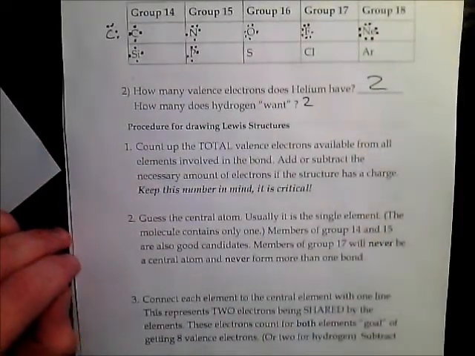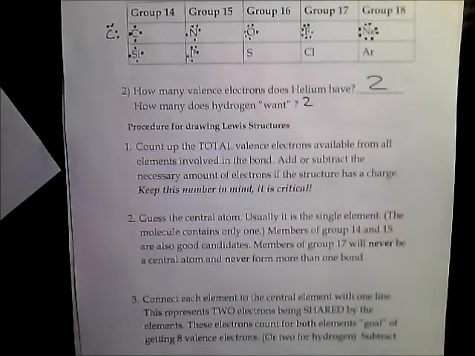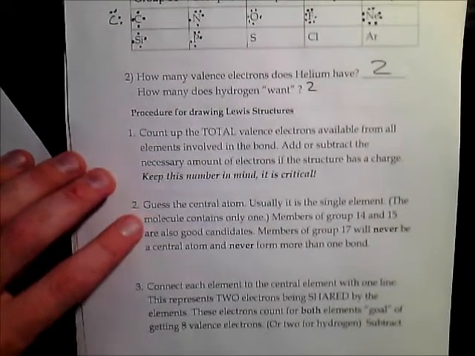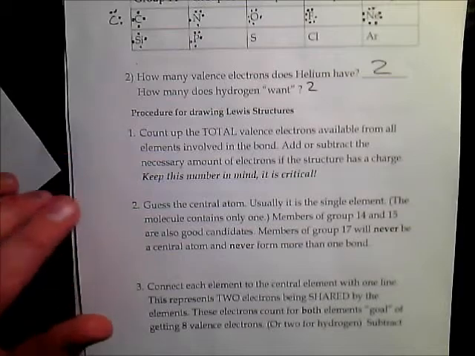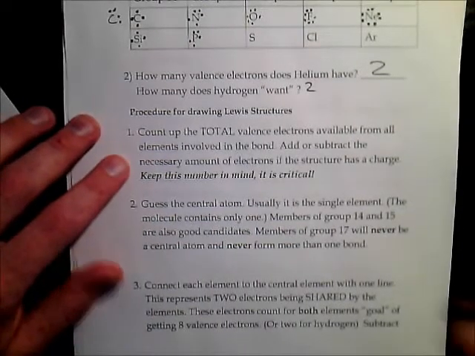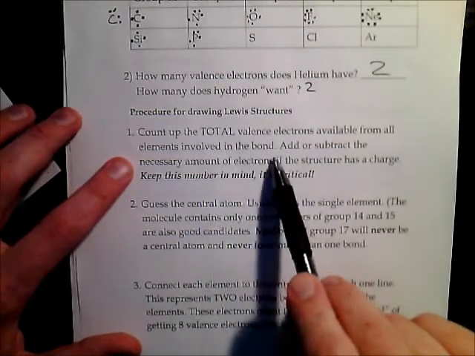So we're going to try to learn about Lewis structures today, and Lewis structures are just representations of molecules. It's basically a way of representing a molecule on paper. And there's a series of steps. We're going to go through some examples and take a look at these steps, but one of the most important and the very first thing you're going to want to do is count up the total valence electrons available from all elements involved in the bond.